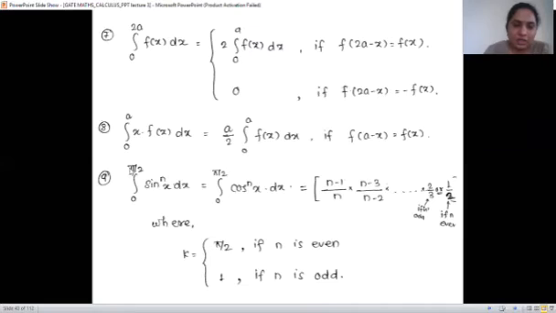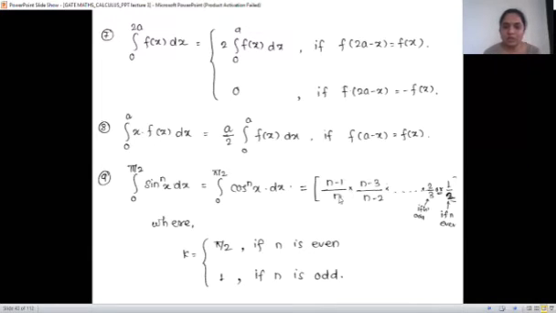Next formula, integration 0 to pi by 2 sine raised to n x dx or integration 0 to pi by 2 cos raised to n x dx. This we have seen in the beta gamma function. So what is the value? If it is n, start with n minus 1 in the numerator, then n minus 3, n minus 5, and so on, up to 2 or 1, and we have to stop.